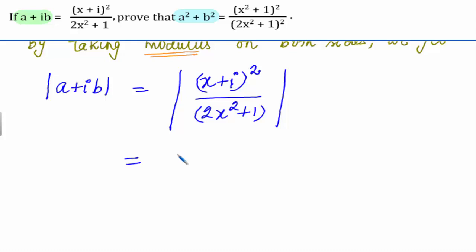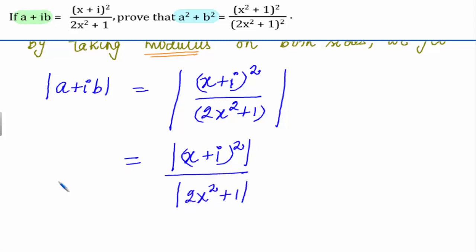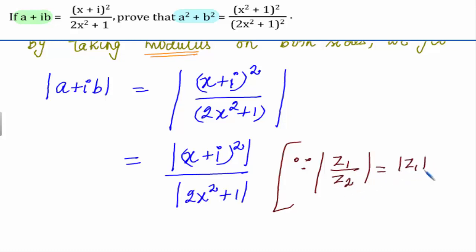This will be equal to modulus of (x plus i) whole square divided by modulus of (2x square plus 1). Here we have used the property of complex numbers: modulus of z1 upon z2 is equal to modulus of z1 upon modulus of z2, where z1 and z2 are complex numbers.